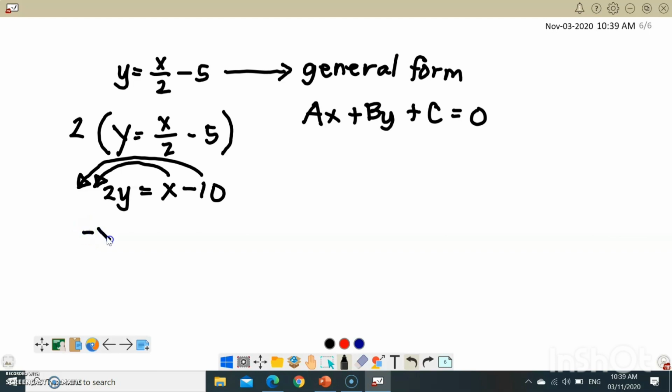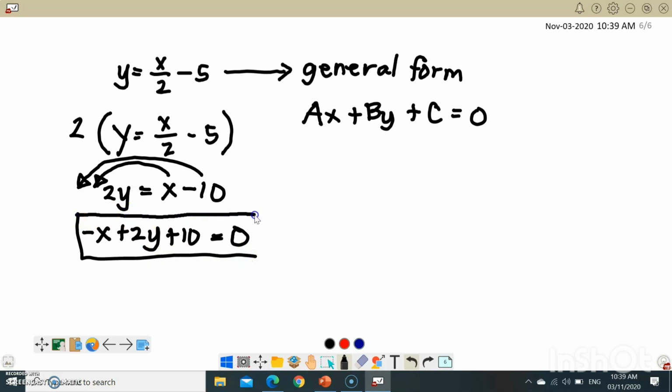So negative x + 2y + 10 = 0. And you have now transformed the equation written in slope-intercept form into general form. Okay, let's try some more.